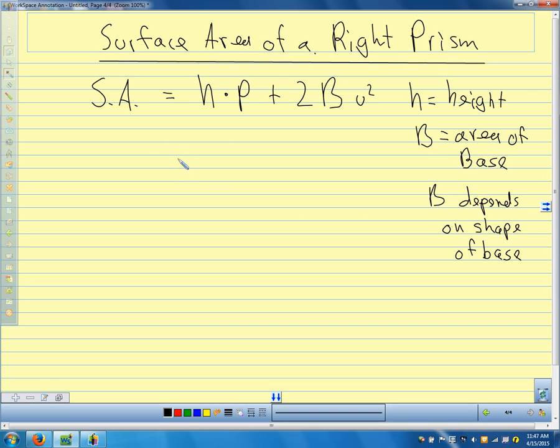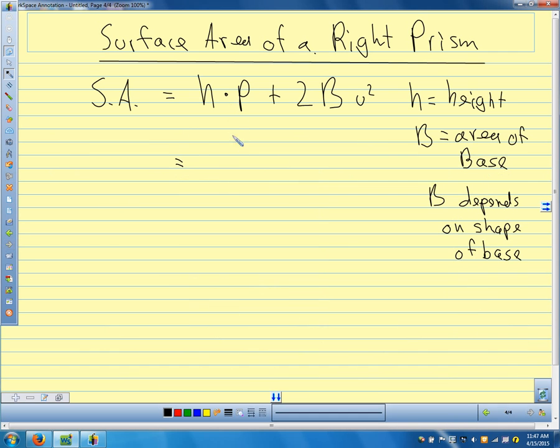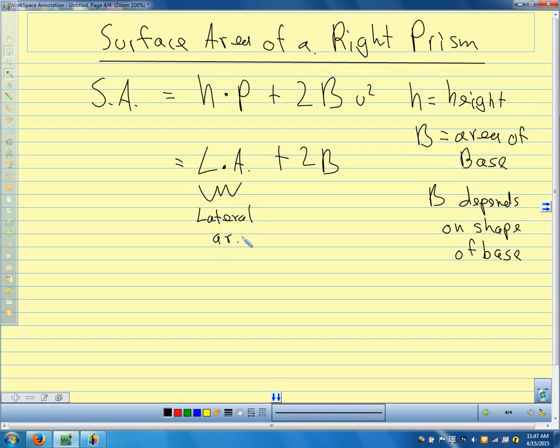Sometimes you will see this written as H times P. We go back here. That's the area of all these pieces, all the pieces around here. Sometimes you'll see that called the lateral area. So you'll see the formula written this way, LA plus 2B, where this means the lateral area.